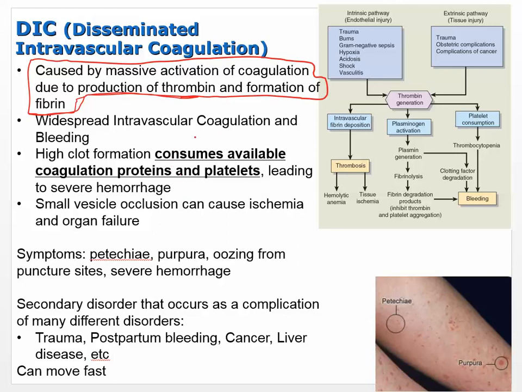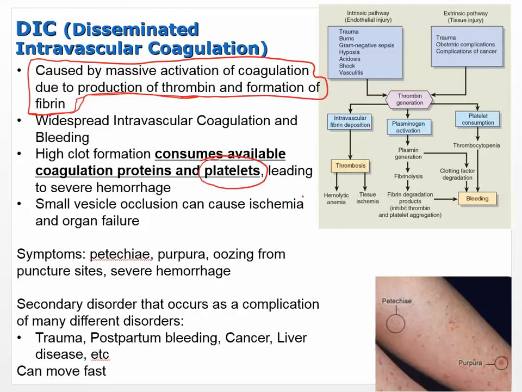So you'll see widespread intravascular coagulation. These factors are turned on and being produced, being used up, and then you will see the consumption of these coagulation proteins and platelets.